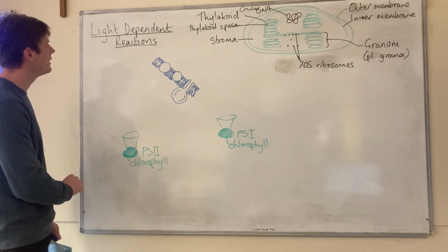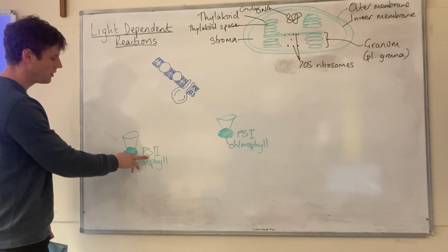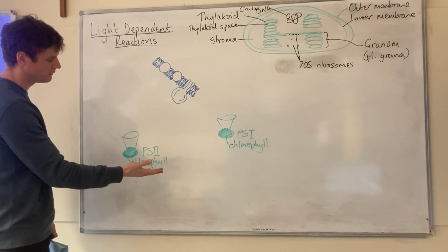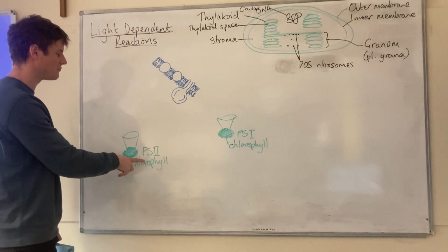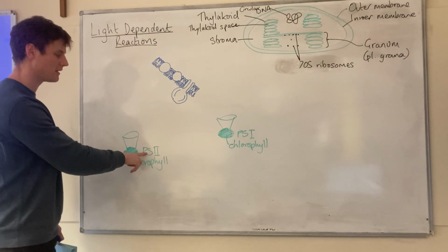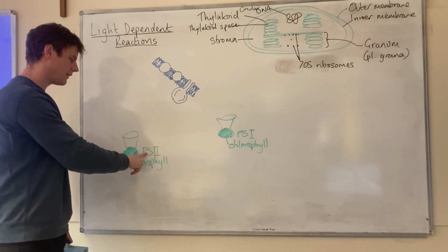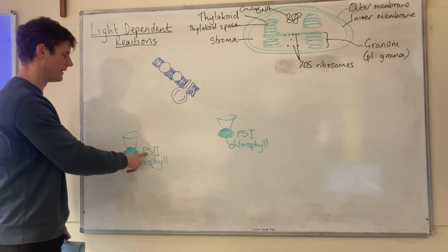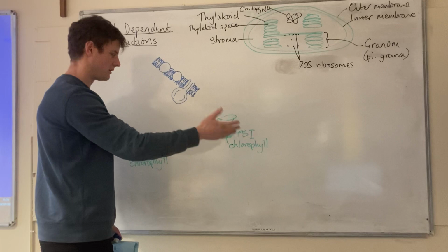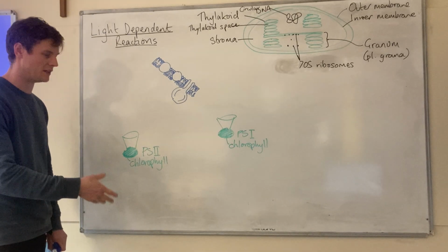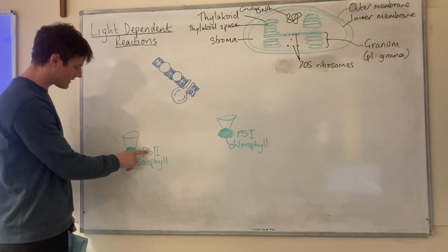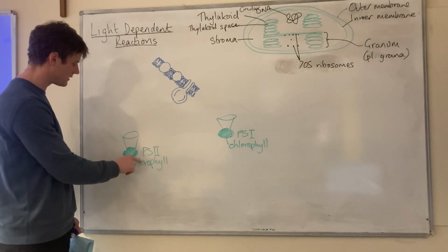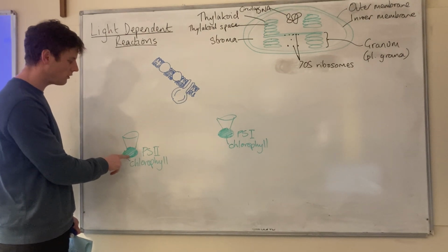with the light-dependent reactions. Now, sometimes confusingly for students, the light-dependent reactions begin at photosystem 2. I think that was just the order that they were discovered in. So photosystem 1 was discovered first. I think that's the reason, I might be wrong there. But anyway, within this photosystem 2 is chlorophyll.